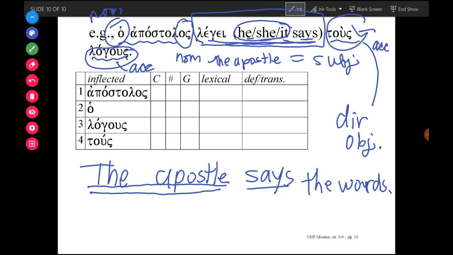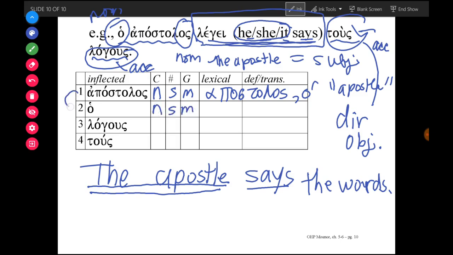And if I were to parse each word in the sentence, I would find that this is the nominative singular masculine from apostolos, and I could translate this as apostle. This article would also be nominative singular masculine.